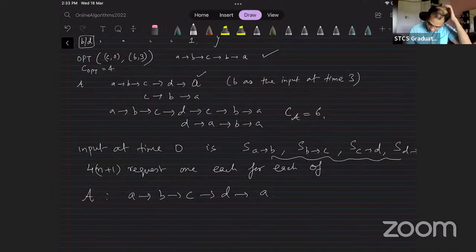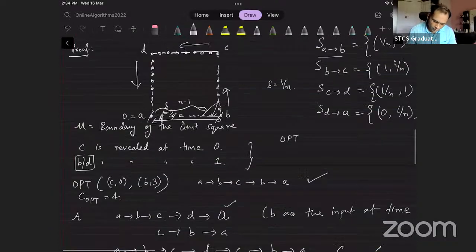Okay, so now what is the cost of this algorithm? Now, given that I'm following this optimal path, right? I need to input something more for me to trouble this algorithm. What should be that input? Look at this. It is following this path.